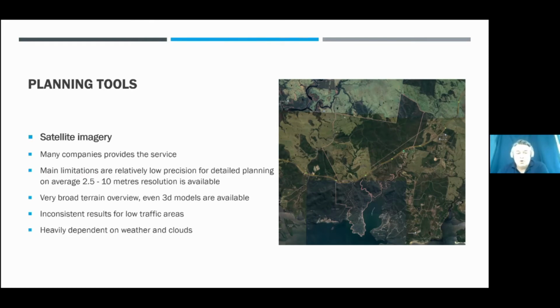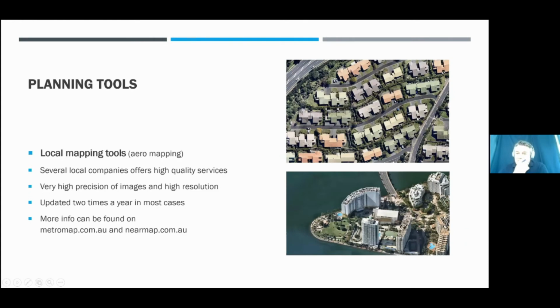So moving forward, we have local mapping tools. These are completely different tools, although they look very, very similar. These are tools that are usually produced through aerial photogrammetry or aerial photography, meaning that you have a special plane, or a regular plane with special equipment on it, and you take pictures from a fairly low altitude.